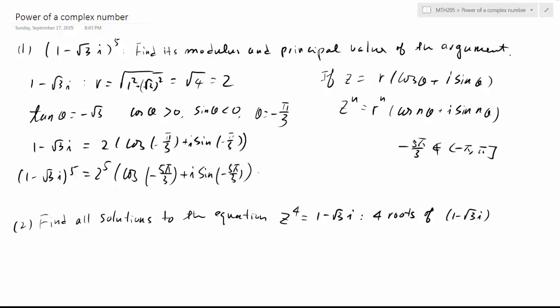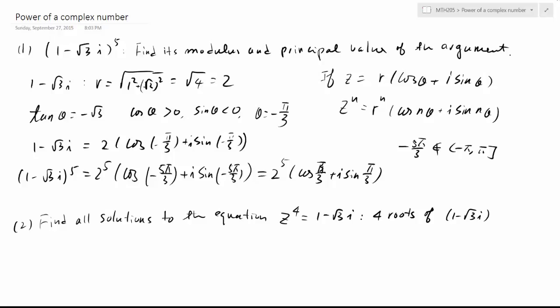So what we have here is the following. We just add 2 pi to it, and then this is going to be 2 to the 5th, and cosine pi over 3 plus i sine pi over 3.